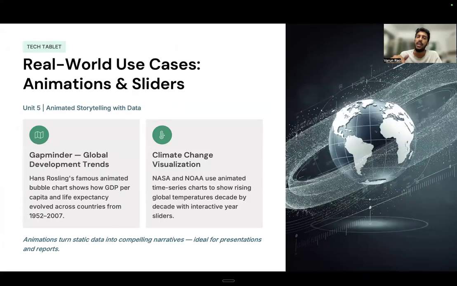All right. Then again, we have some real-time projects, use cases with regard to how animation or animated storytelling works. I think the biggest example that I can give you is the COVID cases. I have not mentioned it here because there might be repetition of the same things.